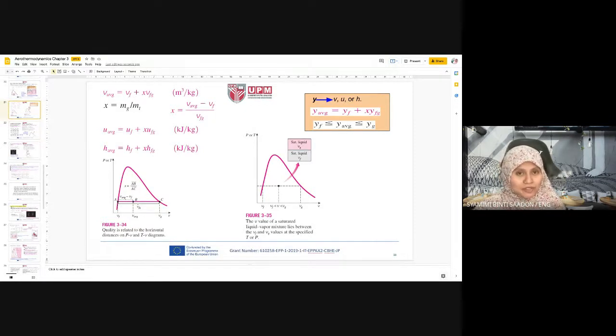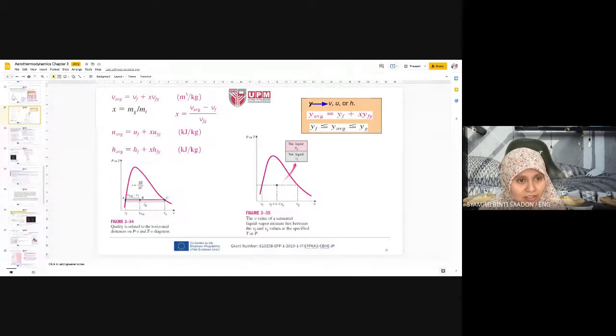So VF is from the table, 0.001036, plus X 0.2 multiplied by VFG. For VFG, you have to calculate the difference.